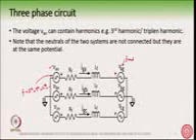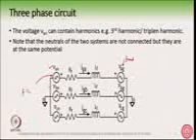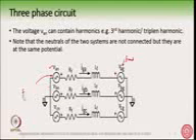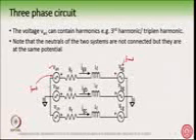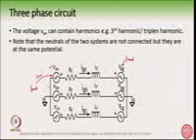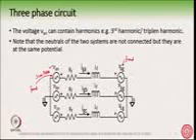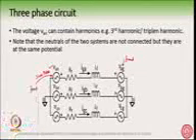So the equation which I have shown here, if this is fundamental, then we are using sine PWM, and the circuit is exactly like this. However, I will draw it with a different color.